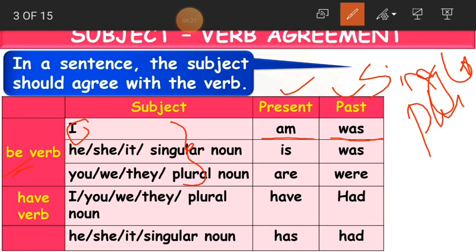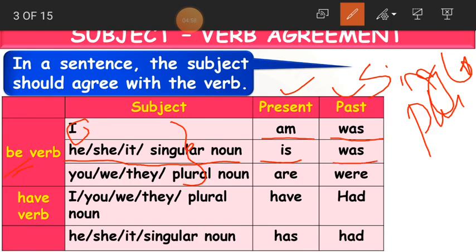Now if you go for he, she, it or any other singular noun, then in present tense we have to use is. In past tense we have to use was.